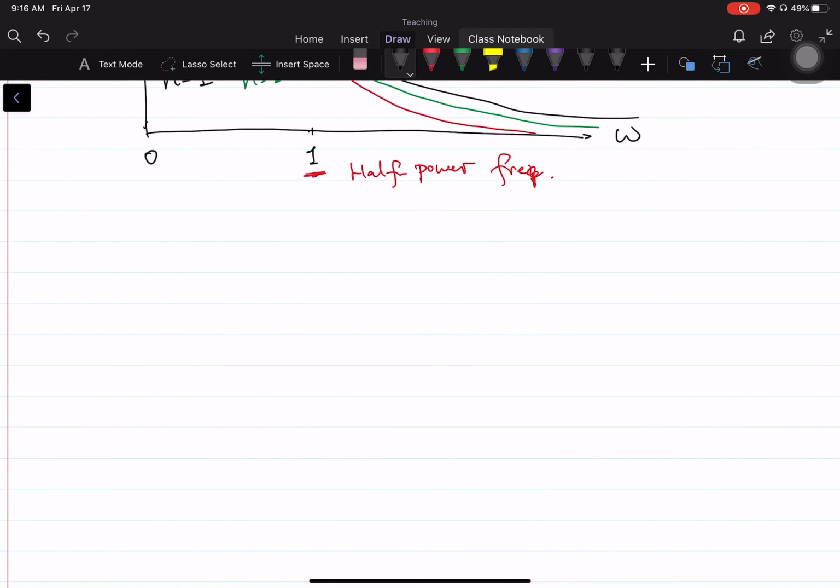In a general version where the desired half power frequency is not equal to 1, but equal to, let's say, omega sub c, then what you need to do is replace the S term in the normalized Butterworth filter with S divided by omega c in the transfer function.